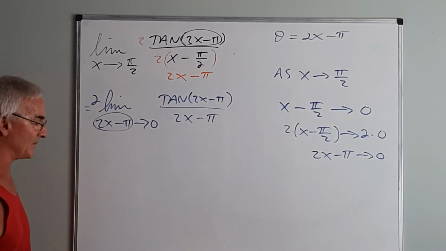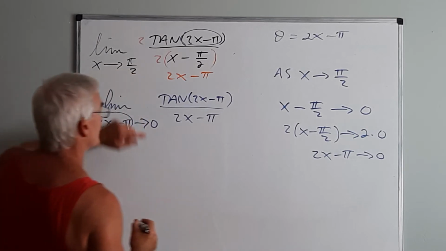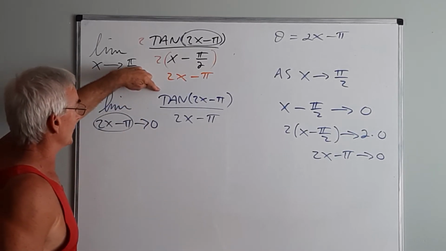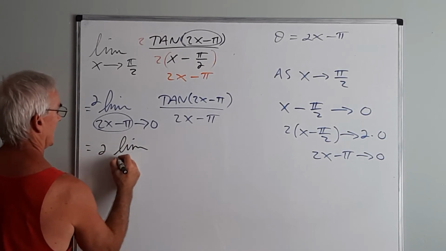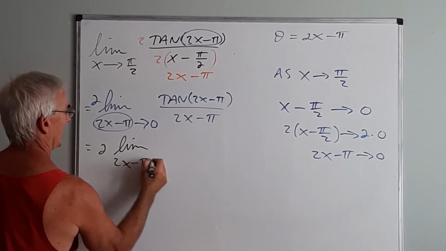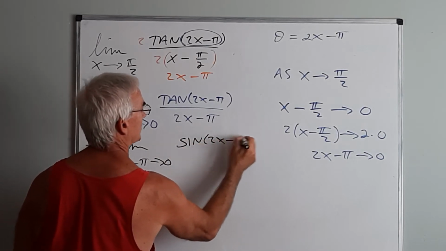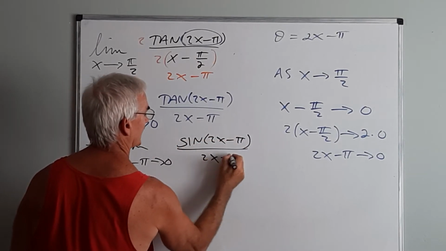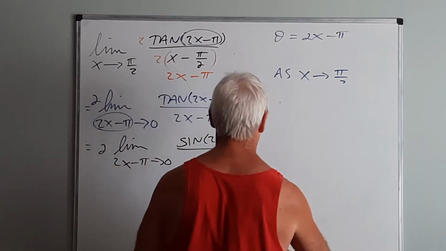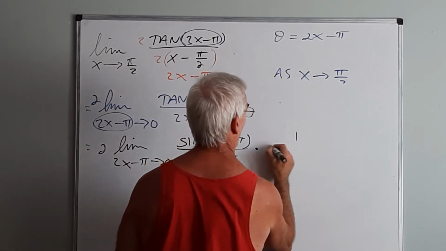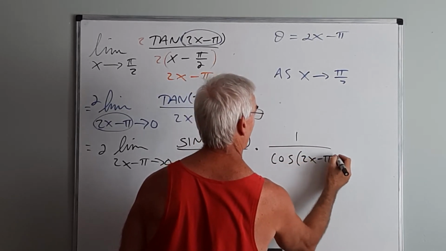That's the form I have, and we did a problem like this recently in class. And all I need to do is change the tangent into sine over cosine, and this will become 2 times the limit as 2x minus pi approaches 0 of the sine of 2x minus pi over 2x minus pi, times 1 over the cosine of 2x minus pi.